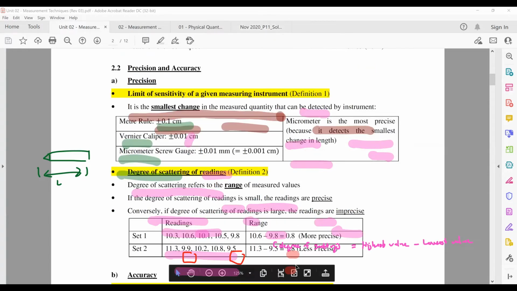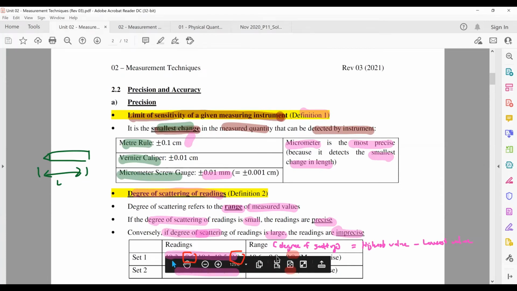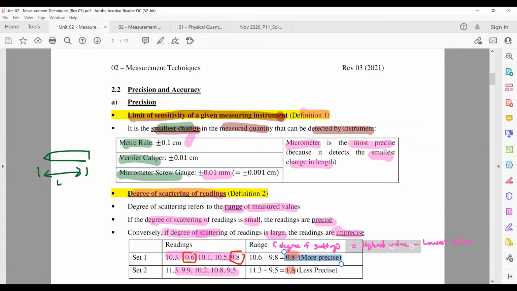1.8. So out of these two, you pick the one with the smallest range if you want the more precise reading. The 0.8 here, the degree of scattering is the least, so we will say that this is more precise. The 1.8 has a larger range and a larger degree of scattering, so it's less precise.